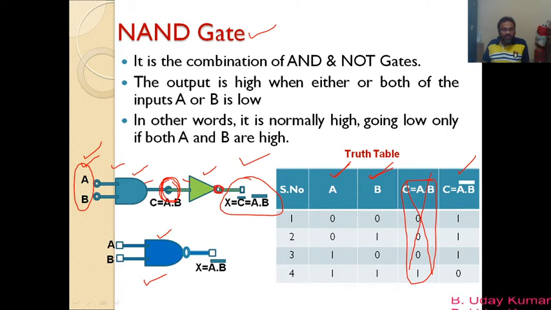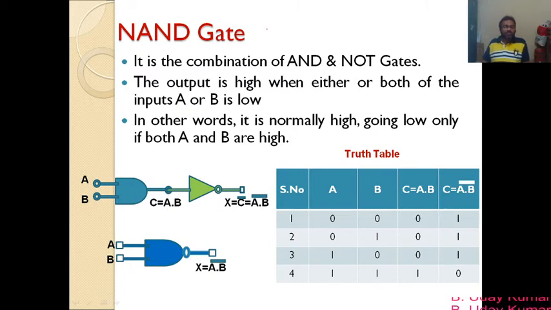Can you see that? If you draw a circle here, this combination becomes a NAND gate. This symbol from here to here is nothing but the AND gate, and this circle shows that it is the combination of AND and NOT. I hope it is clear.